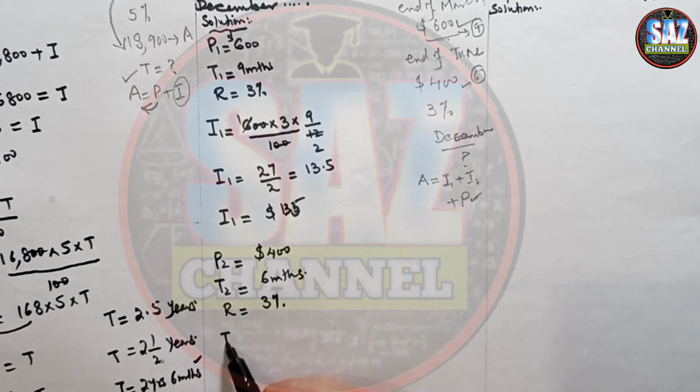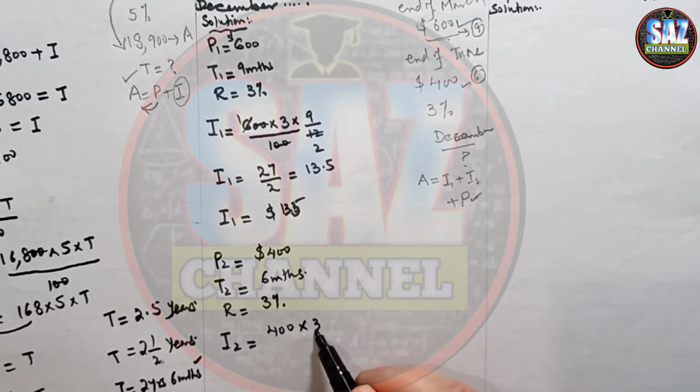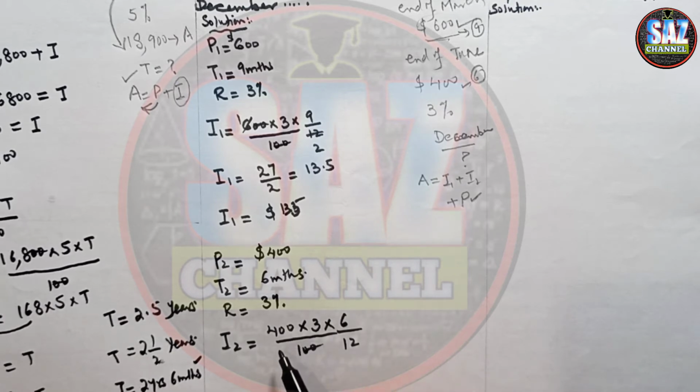Now I have to find I2, how much amount he is receiving from this investment. 400 multiplied by rate 3, time 6 by 12, and here I have to put the 100 of the formula as well. So 4 ones are, 4 threes are and 3 ones are, and I2 is $6.